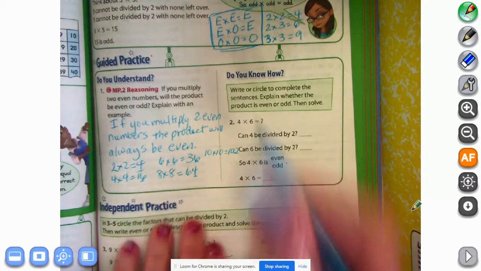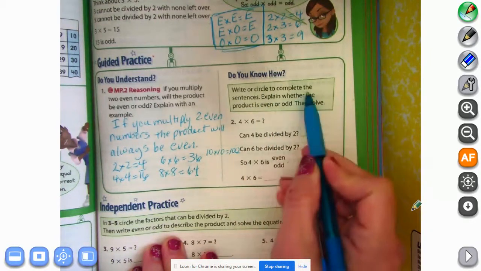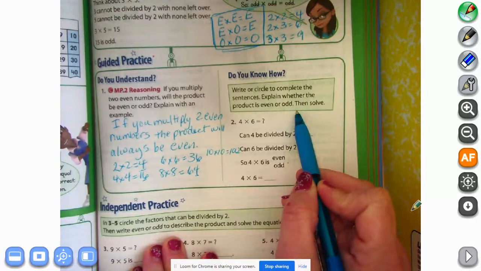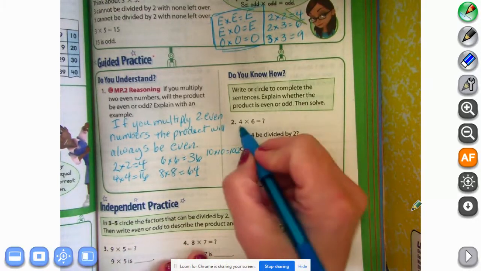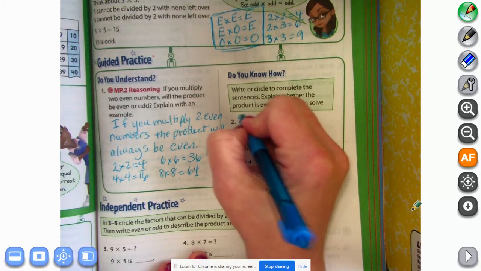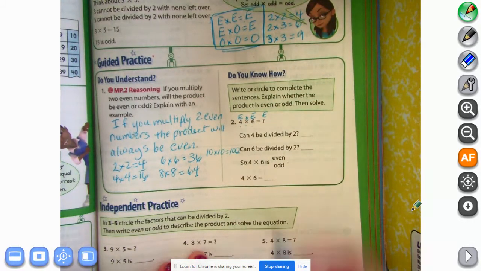All right, we're going to go over to do you know how? It says write or circle to complete the sentences. Explain whether the product is even or odd, and then solve. 4 times 6, even number times even number is going to equal an even answer. Can 4 be divided by 2?